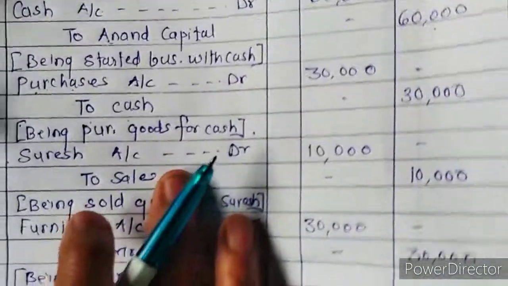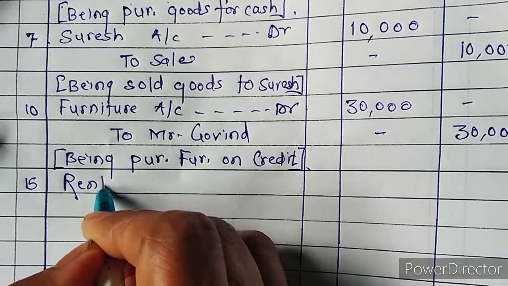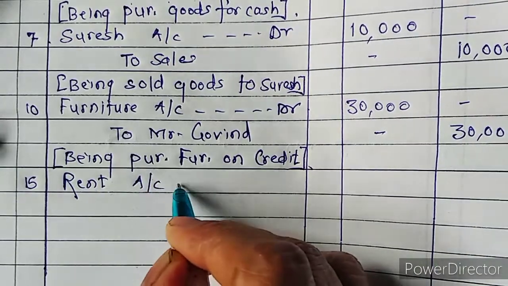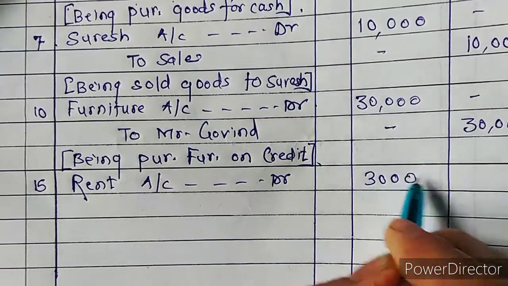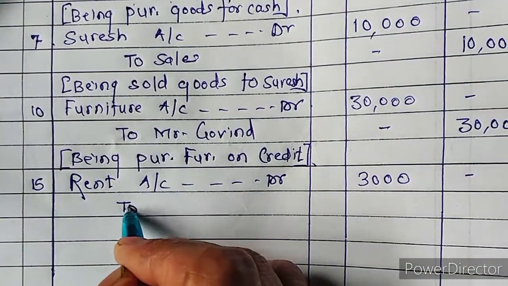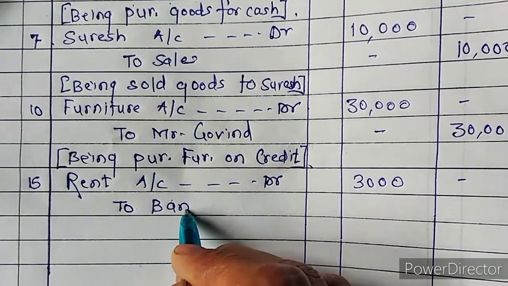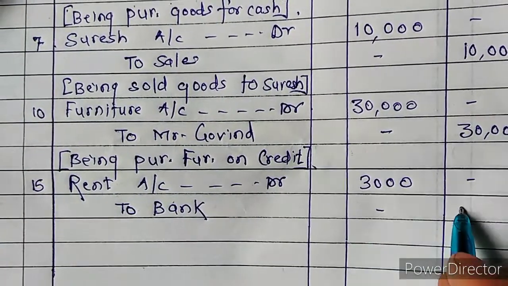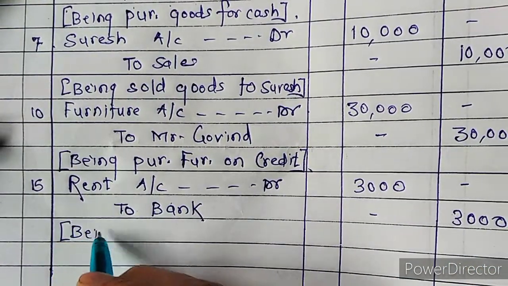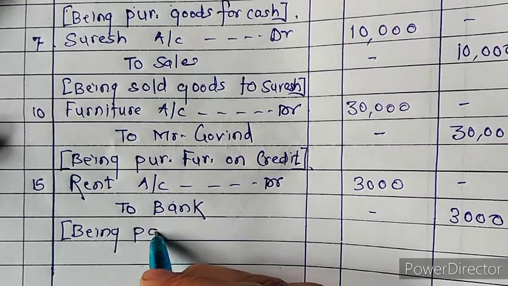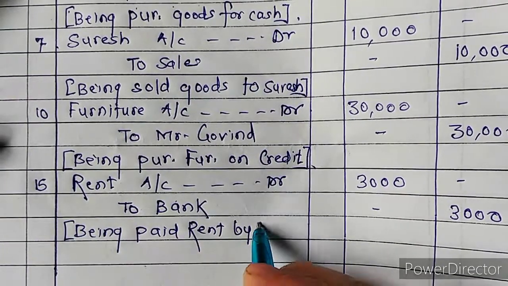So your entry will be rent account debit on 15th April, rent account debit, and the amount of rent is 3,000, and he has paid by debit card, so you have to give credit to bank account rupees 3,000. Narration: being paid rent by debit card.